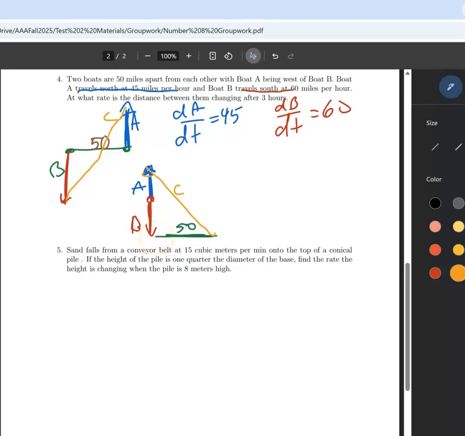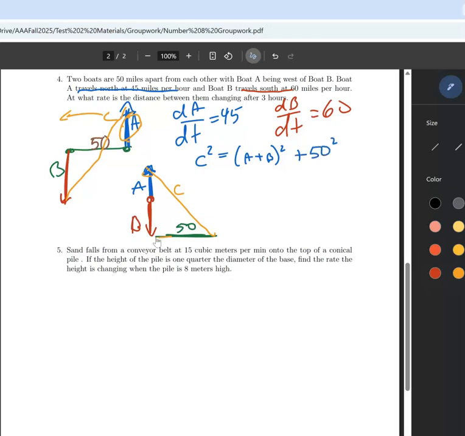So do you see what I did? I took this A and I moved it over here. And so then I've got a triangle with A and B as one side, the 50's fixed, and then I'm trying to find the rate that C is changing. So looking at this, my equation will be C squared equals (A plus B) squared plus 50 squared.